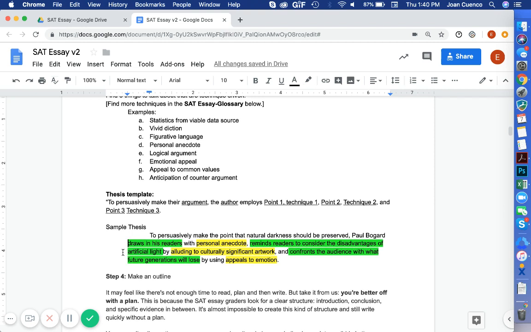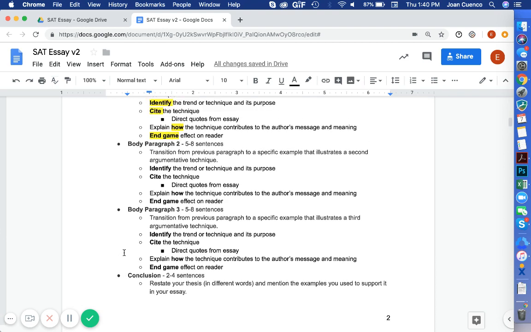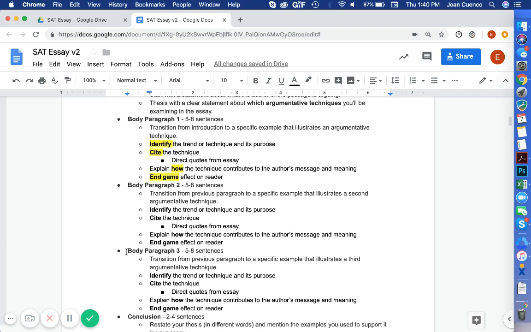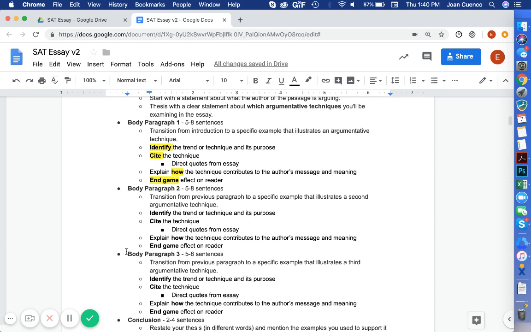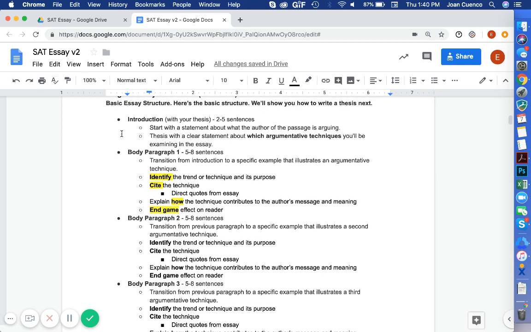So that's it. So let's go over again, just as a recap, the format of the essay. It's a 5-paragraph essay. You have 50 minutes to write it, and you're scored on reading, analysis, and writing. You'll start with a thesis, which lists the 3 argumentative techniques that you've annotated in the author's essay, and then you'll also discuss within the thesis what those argumentative techniques accomplish.